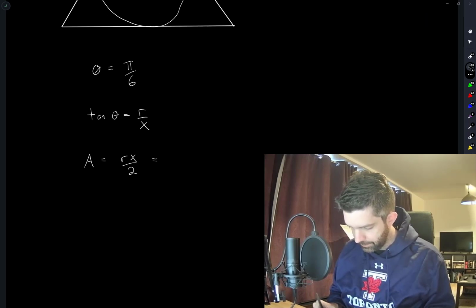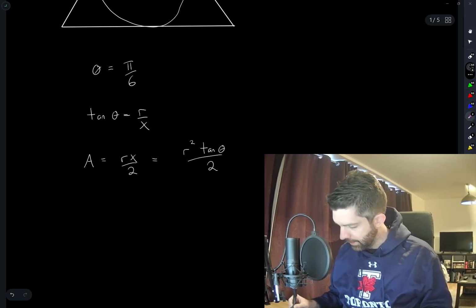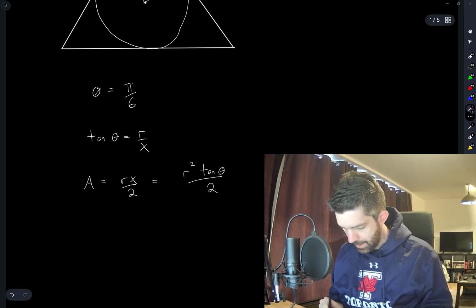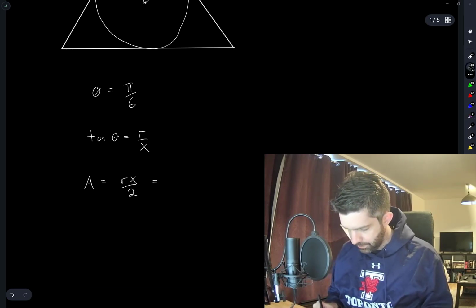So I have r squared tan theta over 2. I mean, oh, wait, no, not quite. Oops. x is equal to r divided by tan theta.